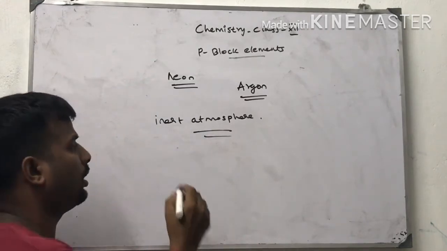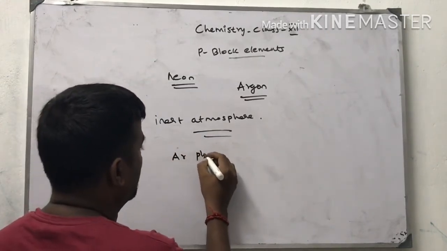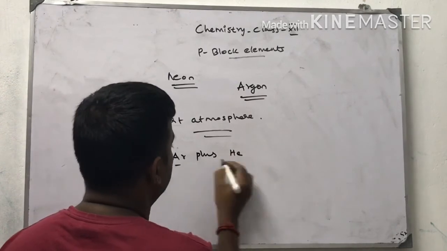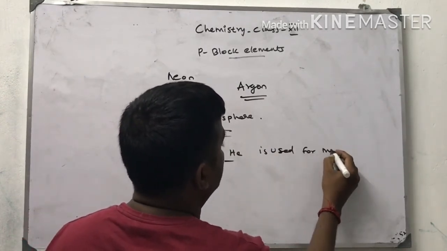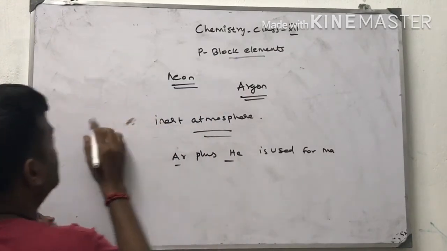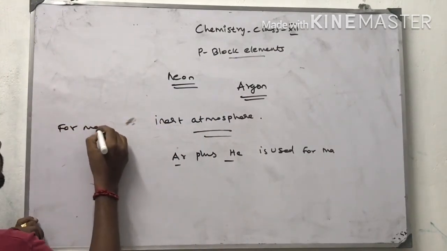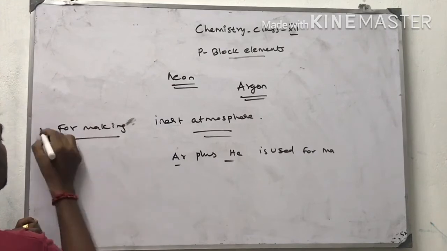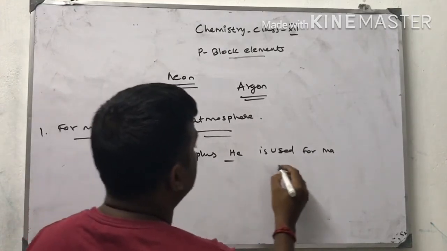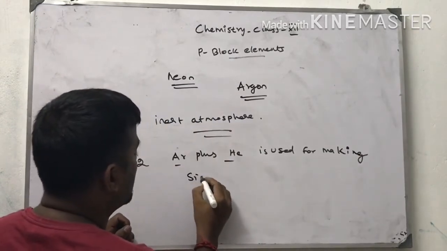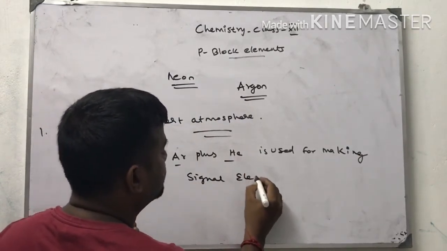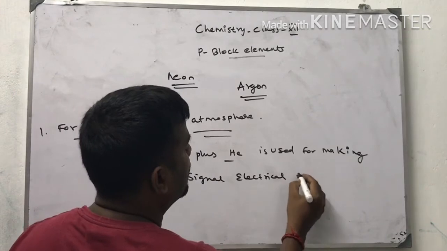Second point, argon plus helium is used for making signal electrical devices.